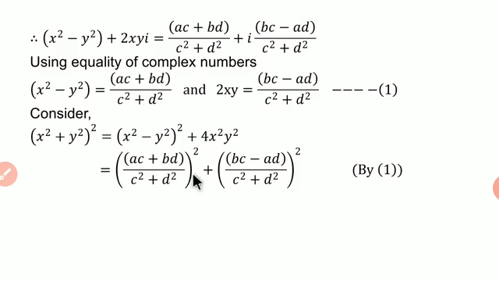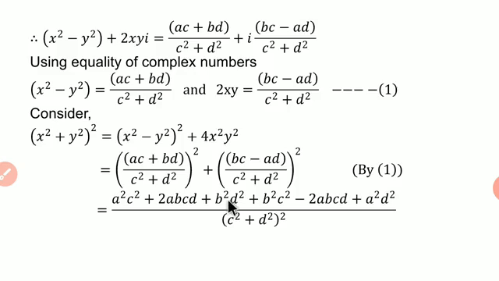Now substituting the known values, it is equal to ((ac plus bd) divided by (c square plus d square)) bracket square plus ((bc minus ad) divided by (c square plus d square)) bracket square. We put both the values from relation number 1. Now taking the square, since the denominator of both the terms is the same, it is (c square plus d square) bracket square, so obviously their numerators get added.